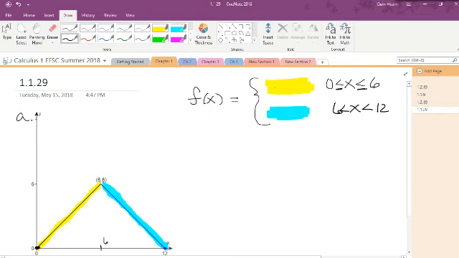The next thing we have to do is actually figure out what the rules are. Since both of these are lines, we're looking for the equation of a line. So the yellow rule is going to go through the points 0, 0, and 6, 6. Okay, and what do you need in order to determine the equation of a line?